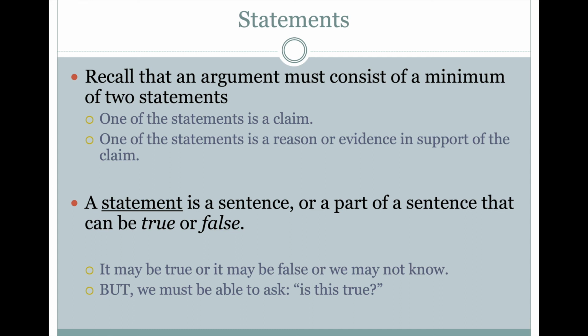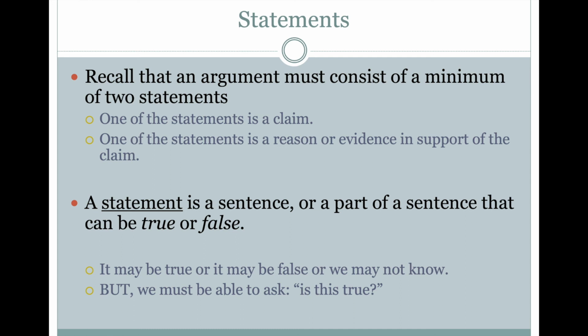If we want to think about the difference between a statement and a sentence, we could think of the sentence as the grammatical unit and the statement as the logical unit. Okay? So you can have a sentence, and a sentence can actually contain more than one statement. But the key thing, for identifying a statement, is that you have to be able to ask, is this true? Because a statement is a sentence or a part of a sentence that can be true or false.